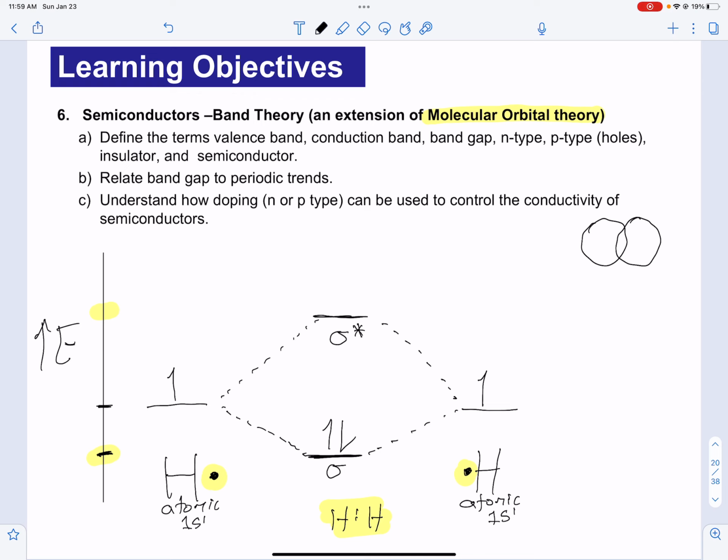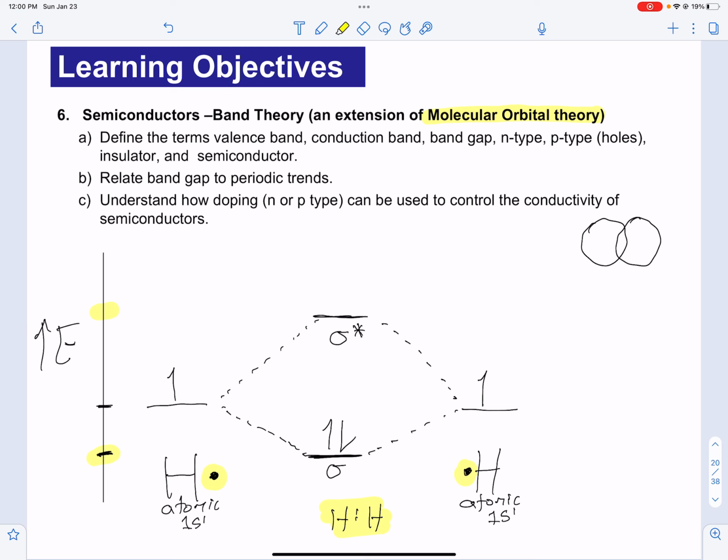Most of the time, this has to be made by computers. They become so complicated. So I just want you to understand the concept, explaining to you the most basic molecule, hydrogen gas. And you can see the sigma bond, the anti-sigma bond.